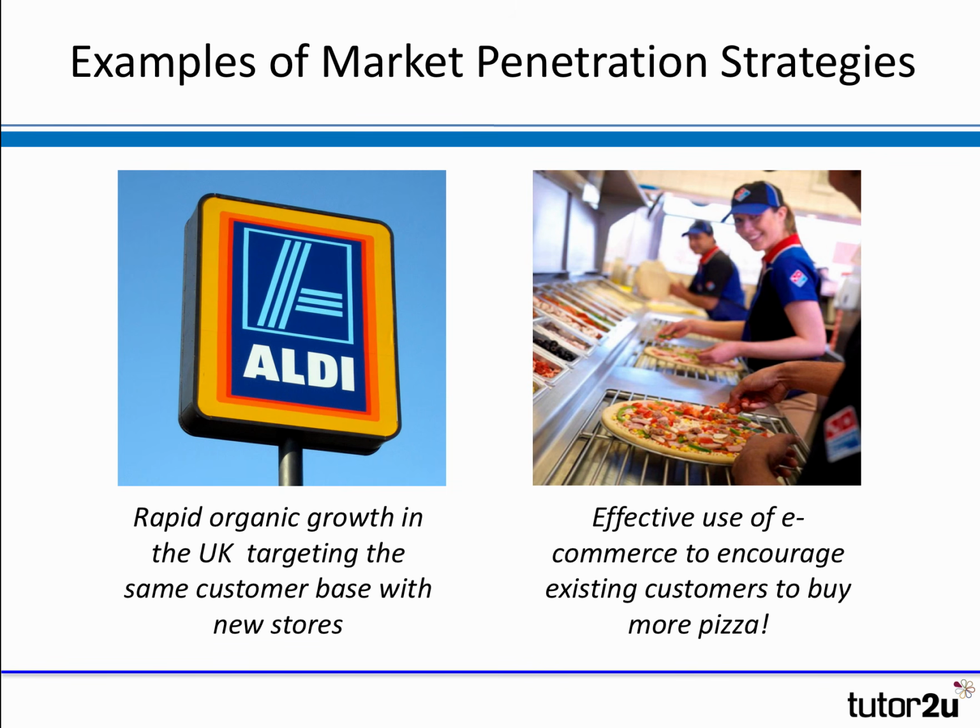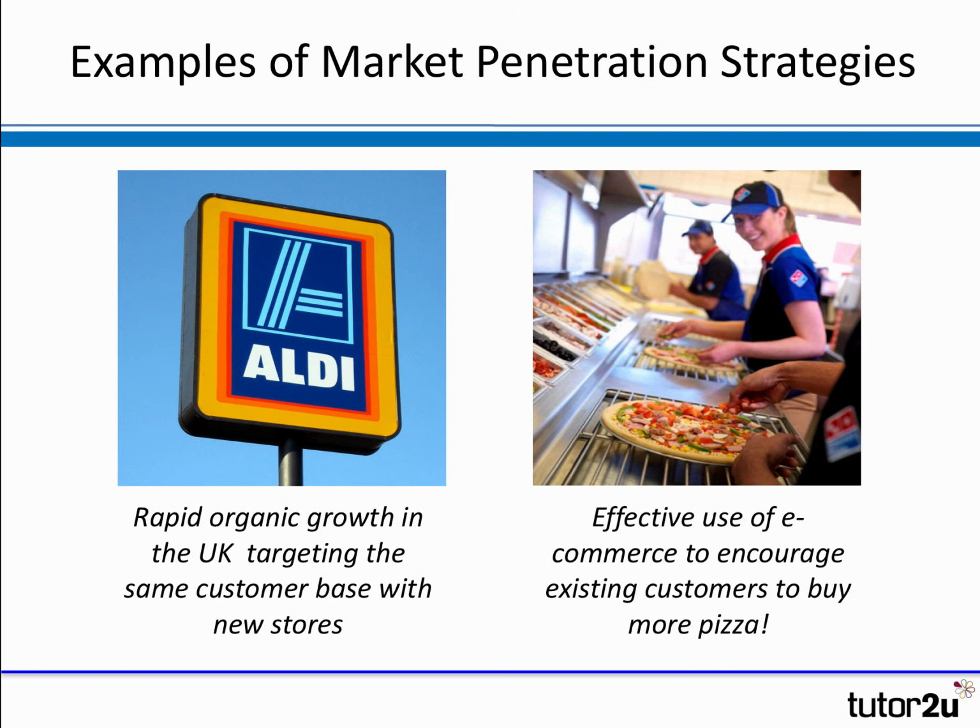So I'm sure you've come across lots of examples of market penetration strategies. Essentially, any example where a business is trying to build its existing market share in an existing market with existing products. So two on the screen there, great examples. And often market penetration strategies are associated with this concept called organic growth.